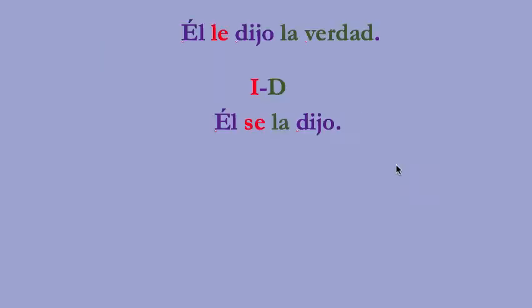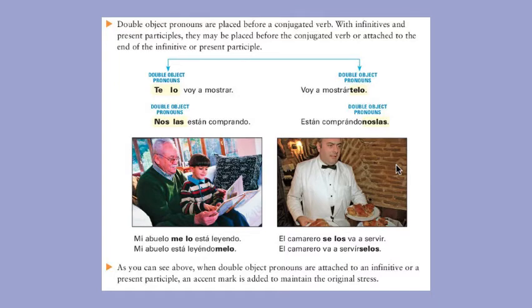One thing I need to mention is that, as you can see above, when direct double object pronouns are attached to an infinitive or a present participle, an accent mark is added to maintain the original stress. Por ejemplo, the stress of leyendo is in this right here, leyendo.